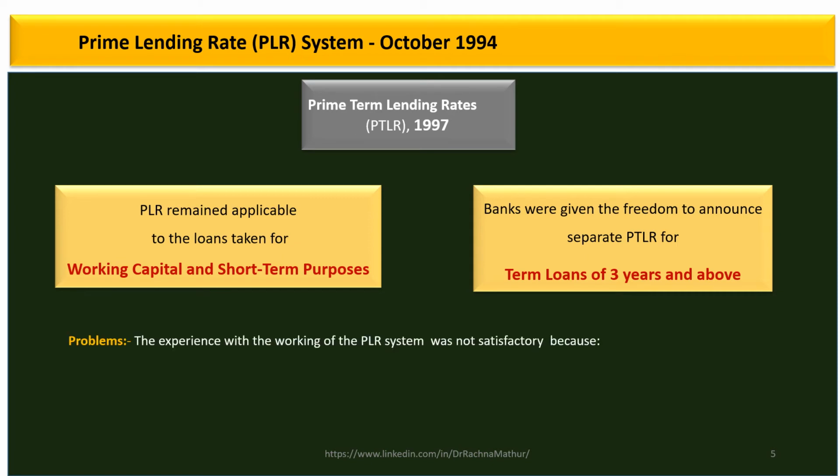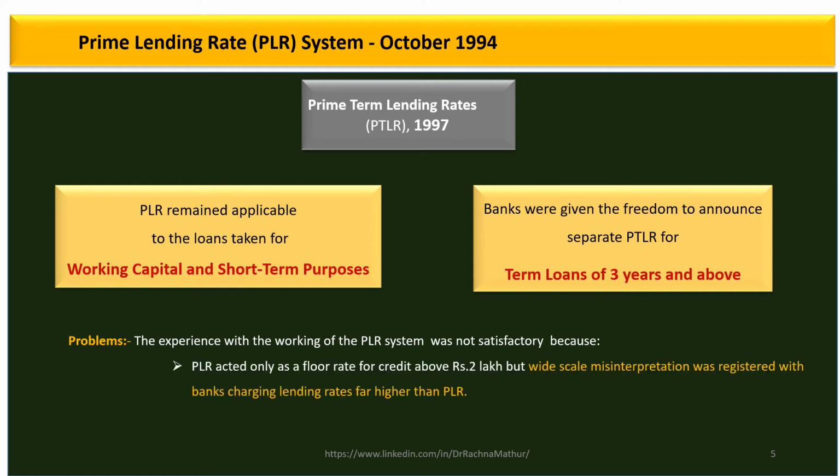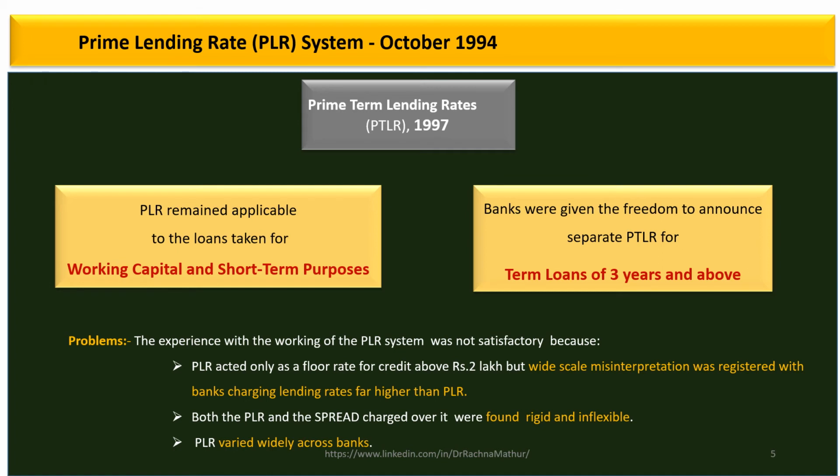The experience with the working of the prime lending rate was not very satisfactory, because it acted only as a floor rate for credit above 2 lakhs, but wide-scale deviations were registered, with banks charging lending rates far higher than the prime lending rate. Both the prime lending rate and the spread charged over it were found to be rigid and inflexible. Along with that, the prime lending rate varied widely across banks.